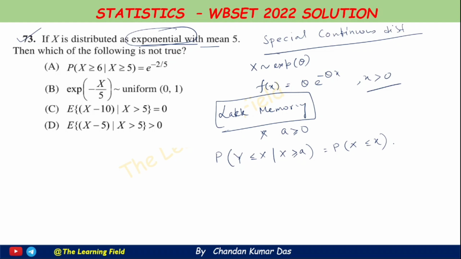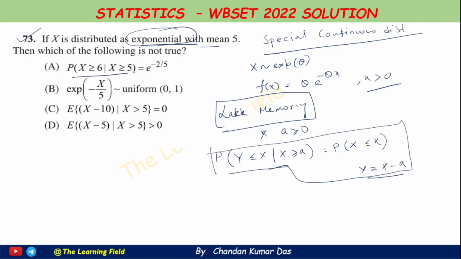Now we first see this option. One more thing: the probability of x less or equal to x is equal to theta times the integration from 0 to x of exponential minus theta t, with another variable t, dt. So this is the definition.